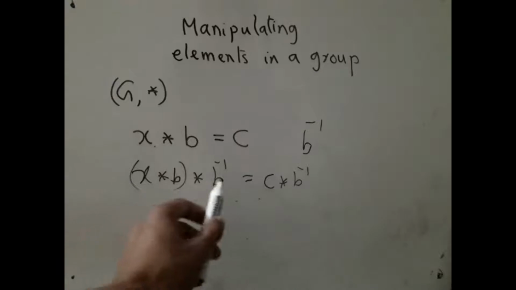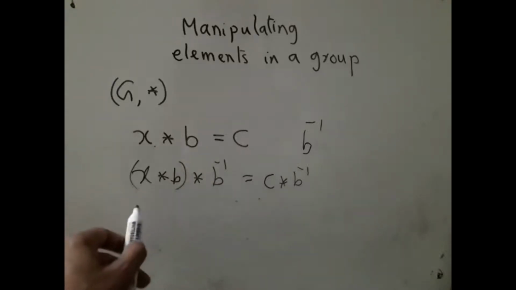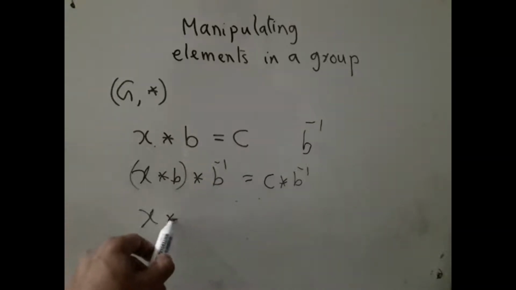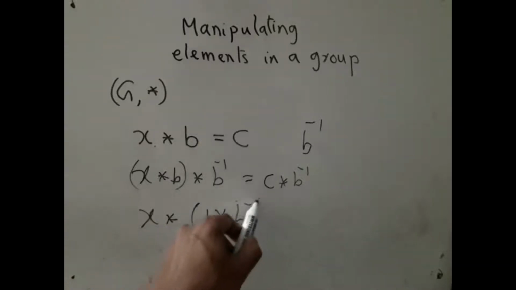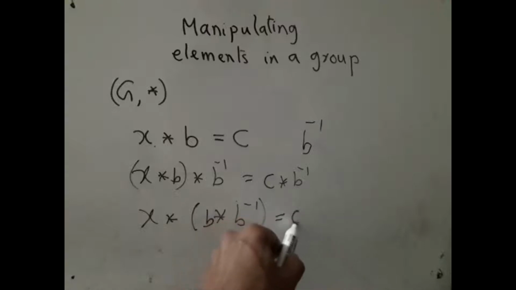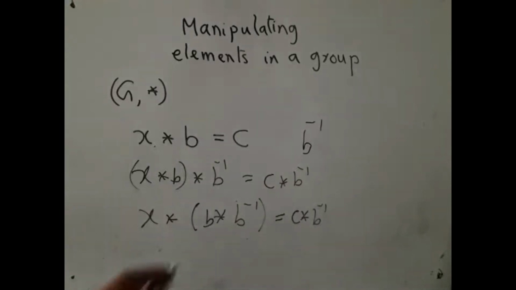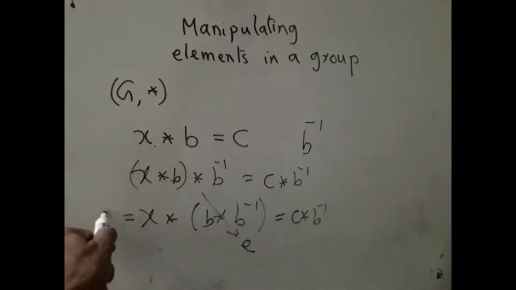As a result, I can regroup these things as x star b star b inverse, and here I have c star b inverse. Now b star b inverse, from the very definition of inverse, is nothing but the identity element. So this is the identity element, and x star identity element is x itself. So this side is simply x.